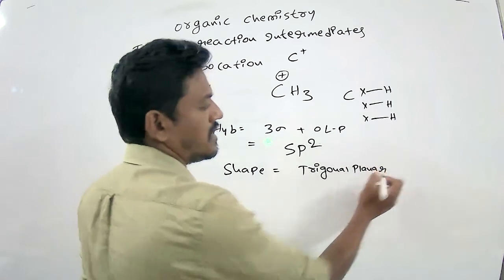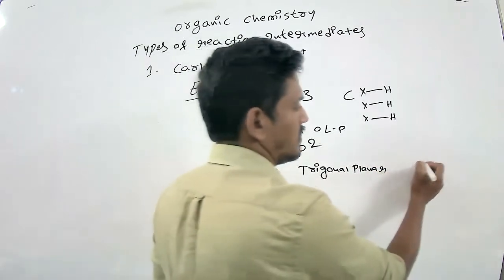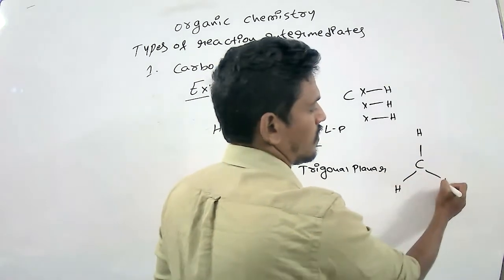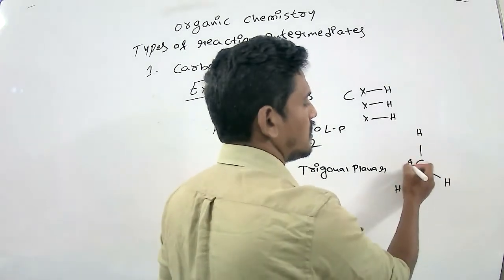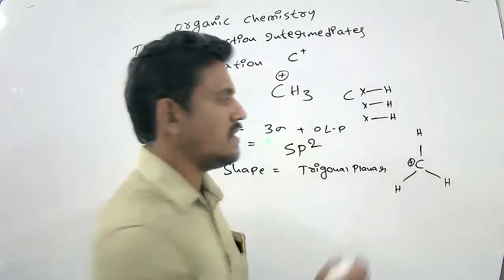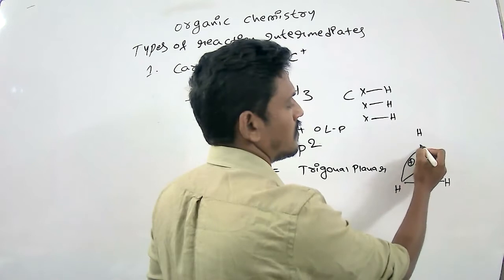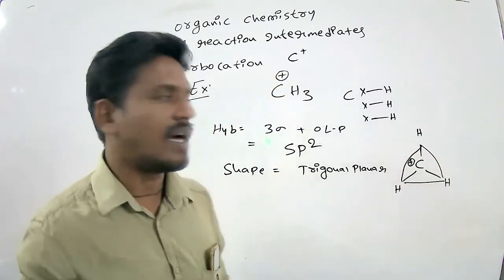The trigonal planar shape of the carbocation can be written like this.